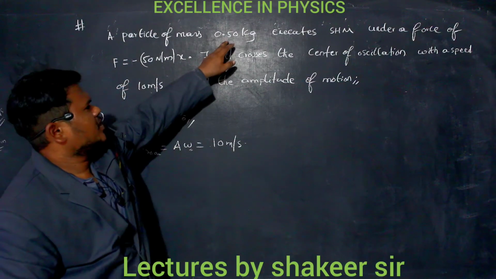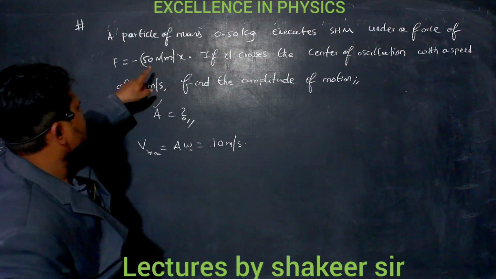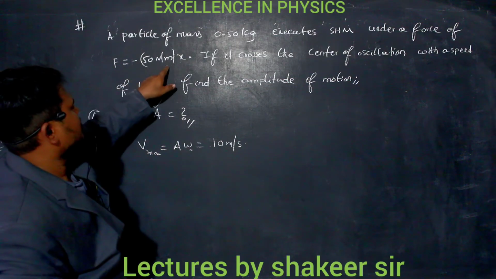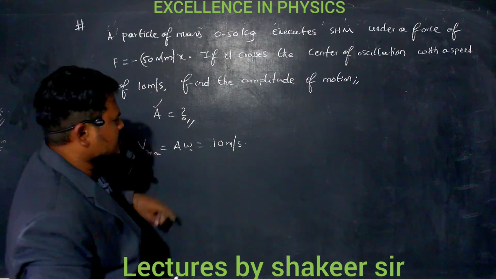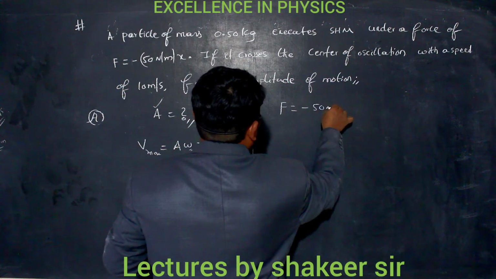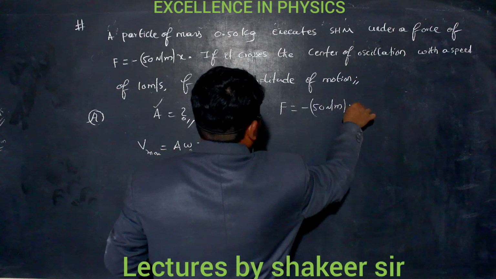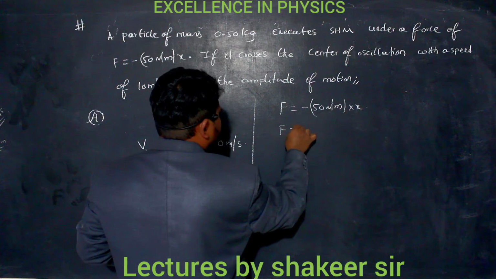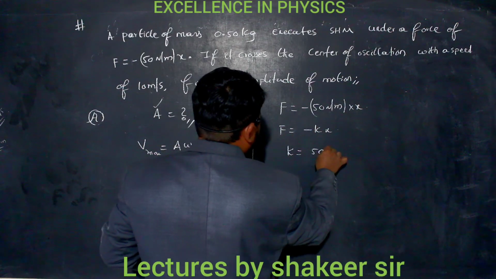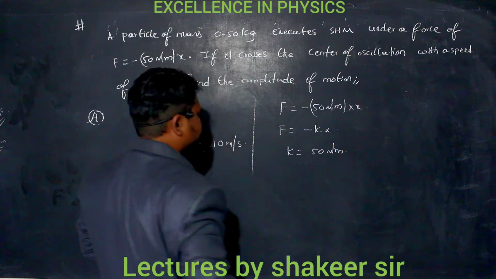The mass is 0.5 kg and the force follows this relation: F = -50 N/m × x. Clear? If I compare this with -kx, k can be written as 50 N/m.